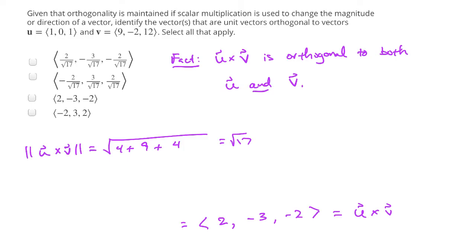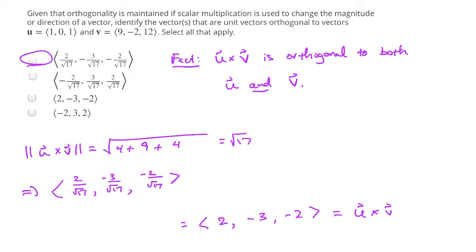Therefore, one of the unit vectors that will be orthogonal to both is our cross product being unit normalized: 2 over root 17, negative 3 over root 17, and negative 2 over root 17. This gives us the first vector.